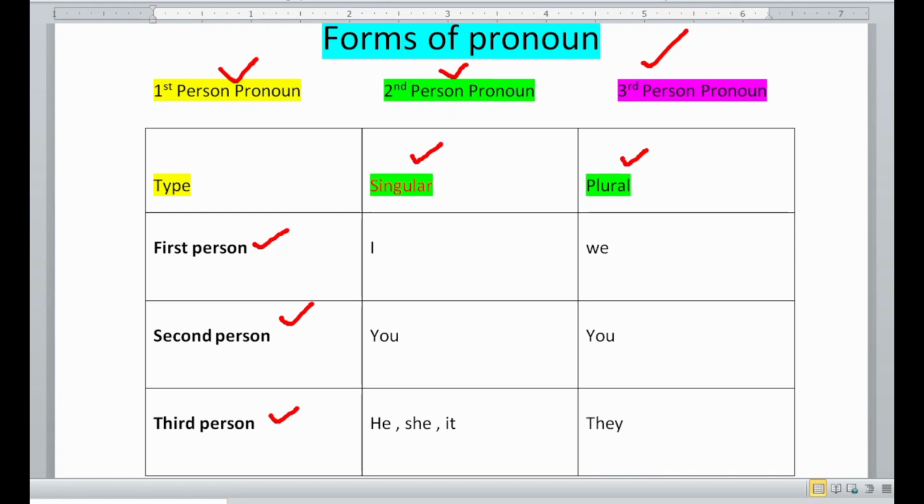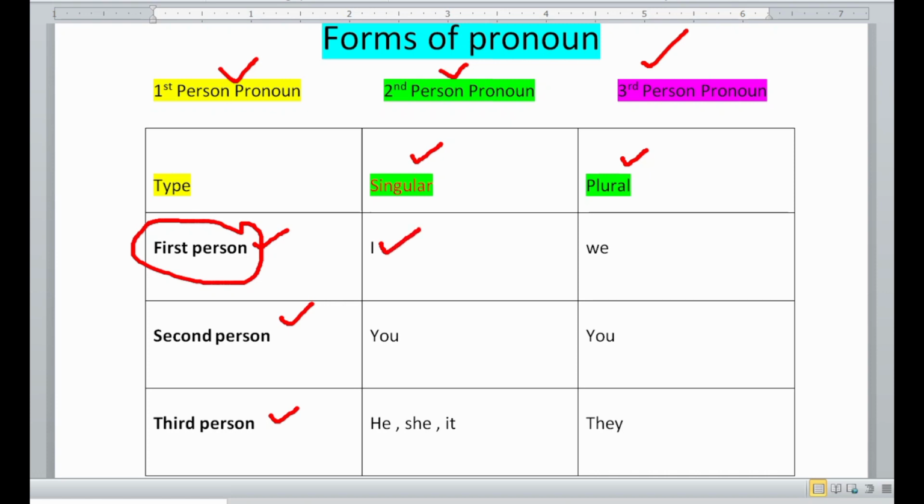Now let's see first person first. First person pronoun is the pronoun that is used by the person who is speaking, who is talking, who is presenting. It means the person or people who present are the first person. For example, I is here.